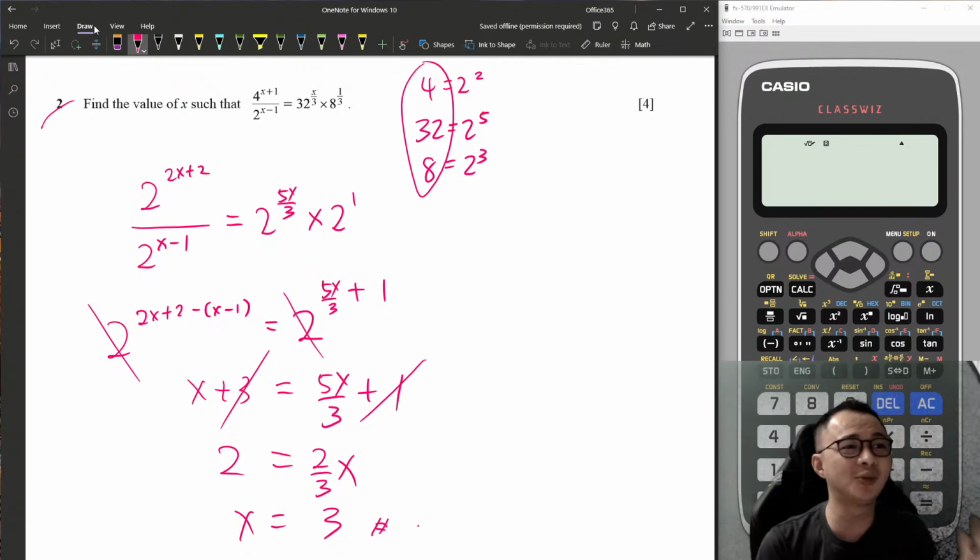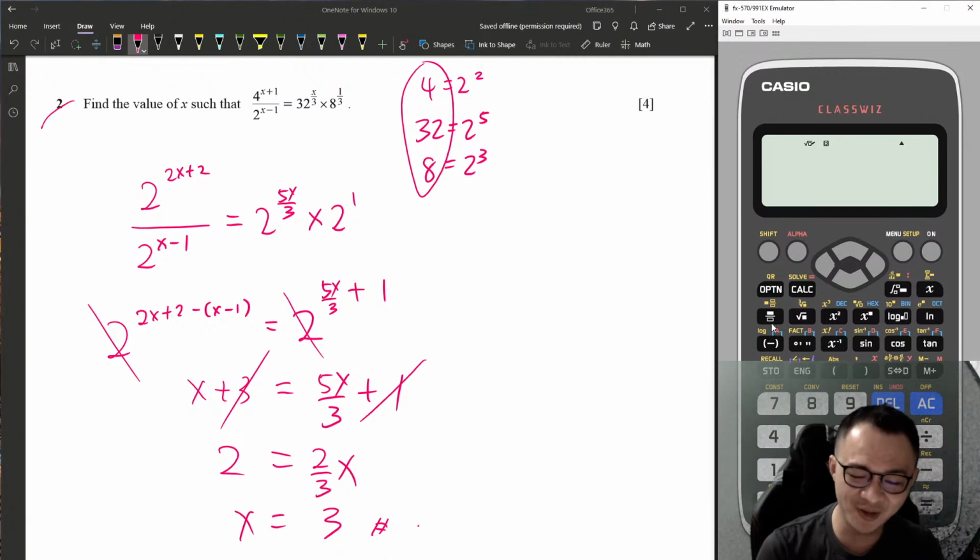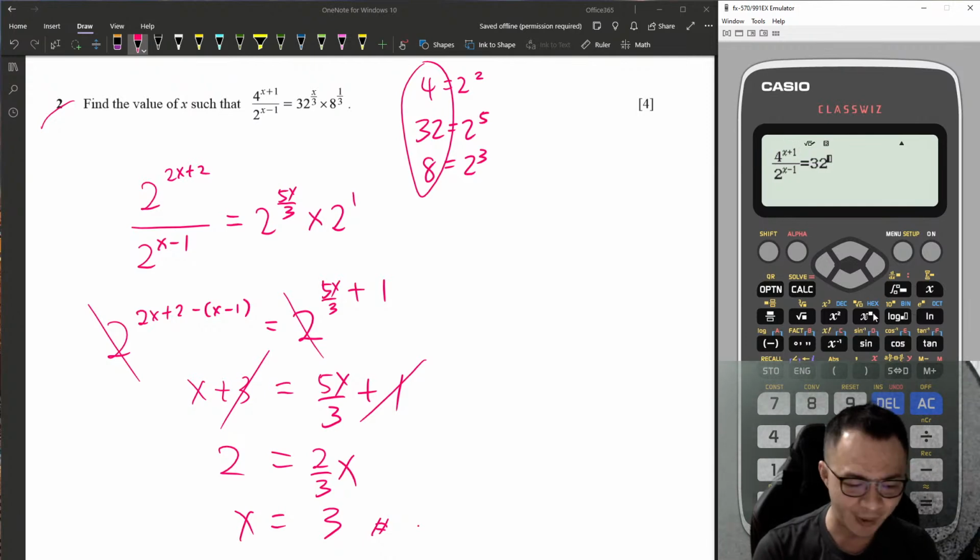You can't say, sir, I don't know whether my answer is right or wrong, because you have a very advanced calculator. 4 power of x plus 1 over 2 power of, you realize I just key in my question, 32 power of x over 3 multiplied by 8 power of 1 over 3.